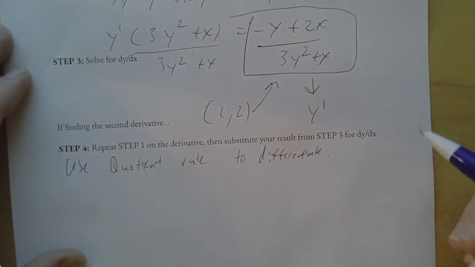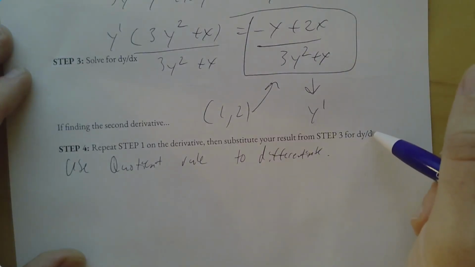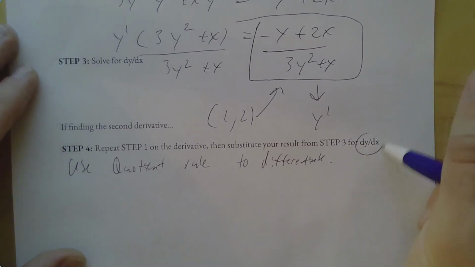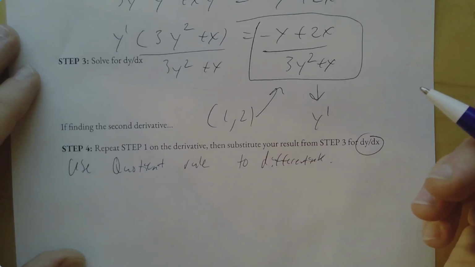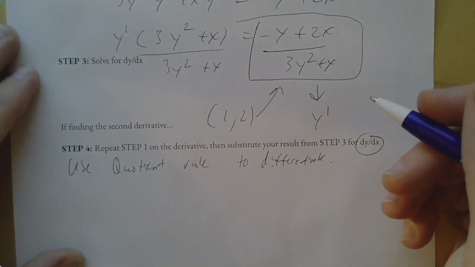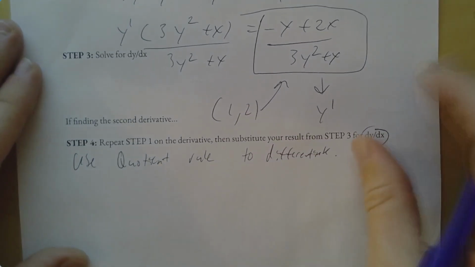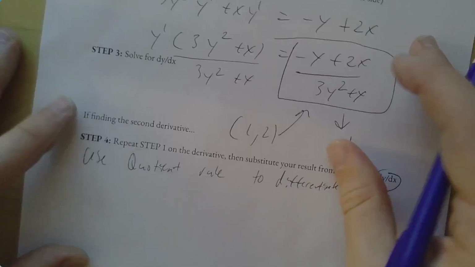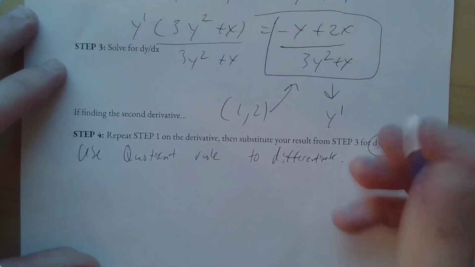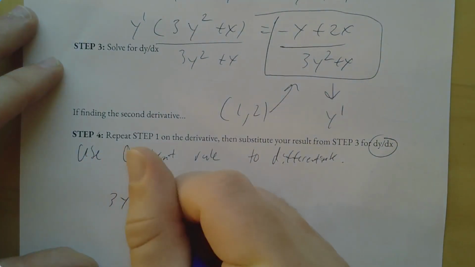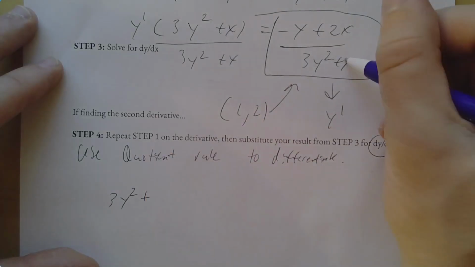And then you have to plug in dy dx again back into that, whatever you got. I'm going to just take the time to do that. So if I was differentiating this again, it would be low d high. So it would be 3y squared plus x.